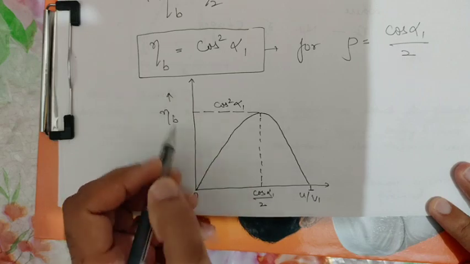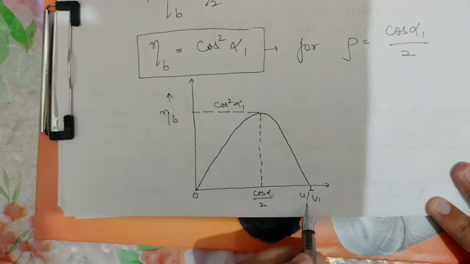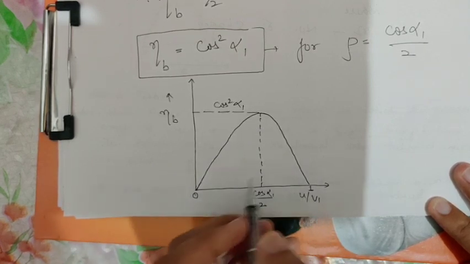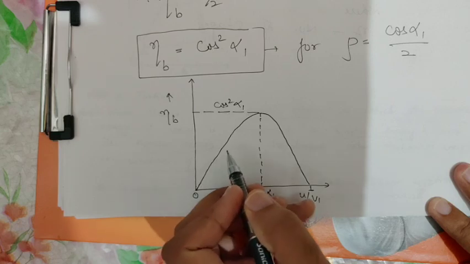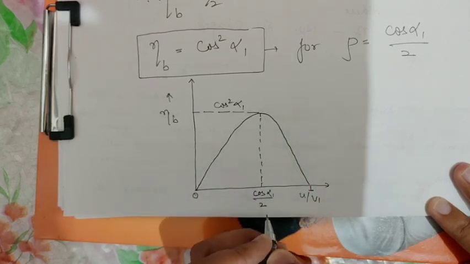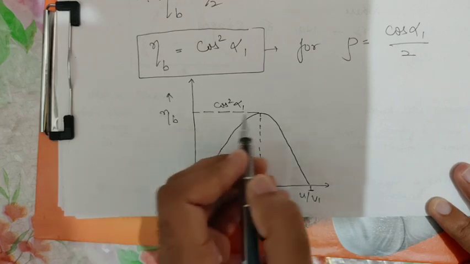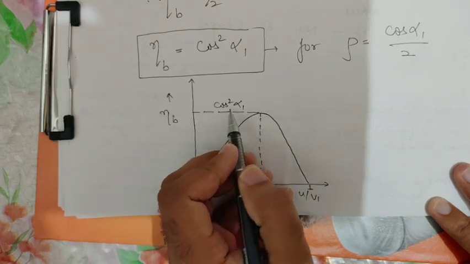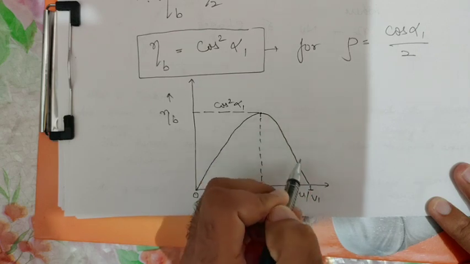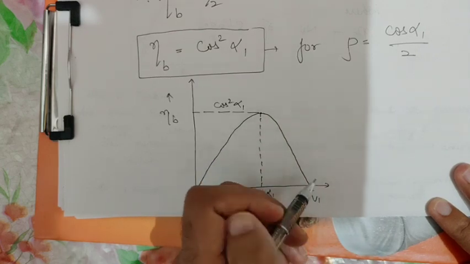This is the blade efficiency and this is the blade speed ratio. It starts at 0, first it increases and achieves the value cos alpha 1 by 2, that is the value of rho, and here the maximum efficiency is cos square alpha 1, and after this value the efficiency goes on decreasing.